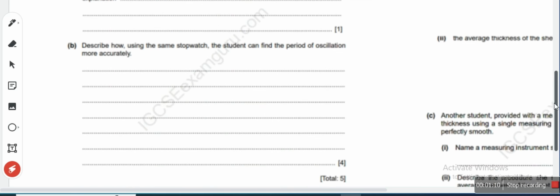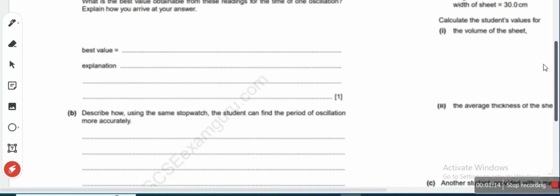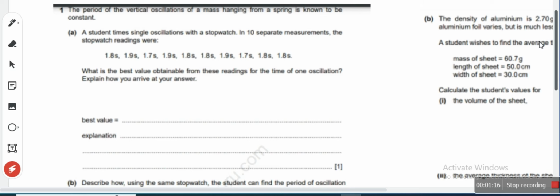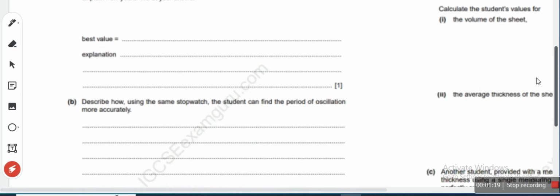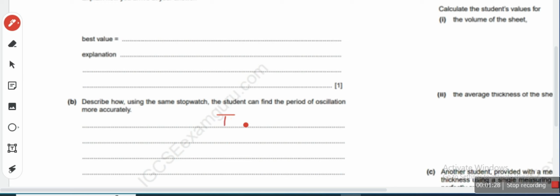As a question, don't forget, just a simple hint, the period can be represented by T. Period T can be found by the time taken for a particular number of oscillations, all over that number of oscillations.